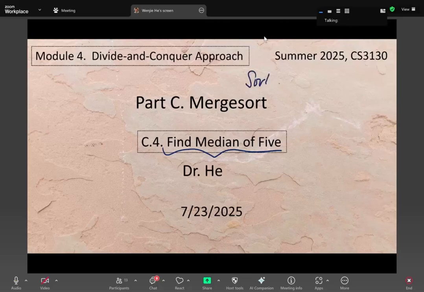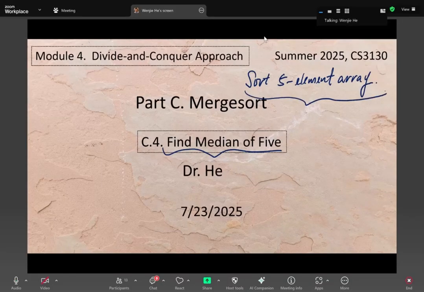Sort a 5-element array. We did this example in our Monday's lecture. This question is related, right? Median of 5. Same number of elements, 5 elements. They are closely related. So for that question, our answer was 7 comparisons, right?